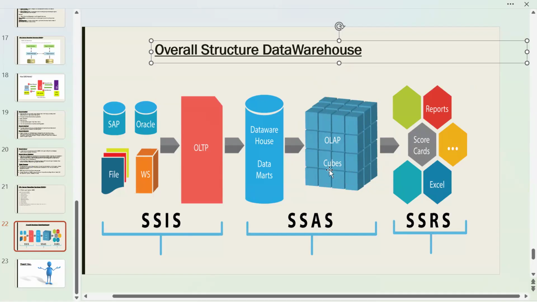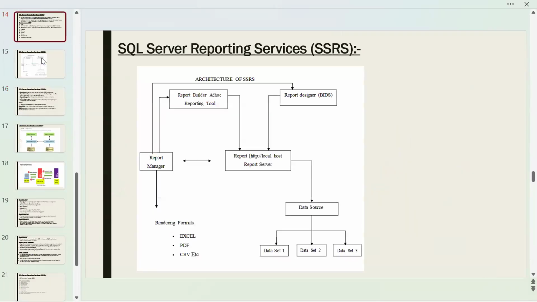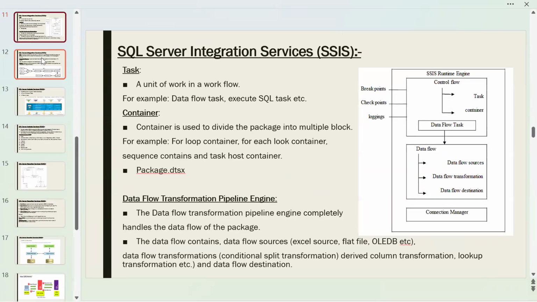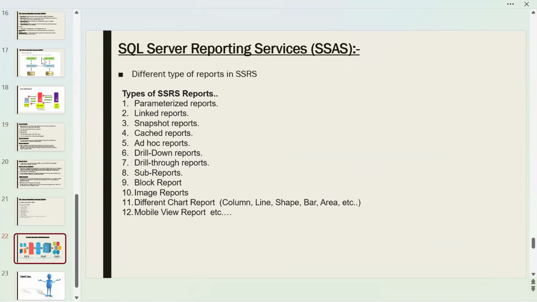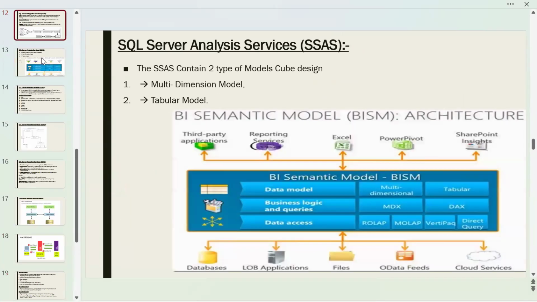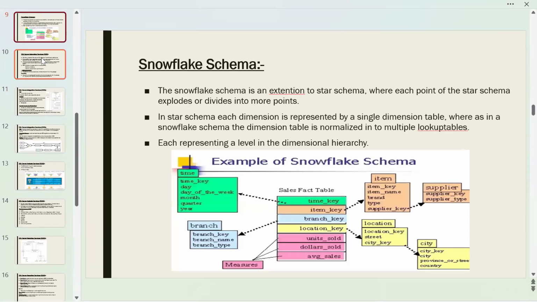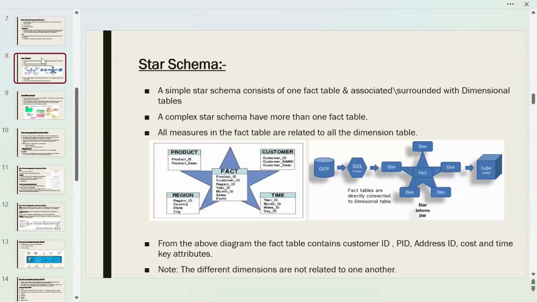Under that we will design different schemas: star schema and snowflake schema. All this we will be covering in our regular classes. This is the one where we have a star schema. Star schema is nothing but a centralized fact table surrounded by dimension tables, because one product can have a lot of transactions.